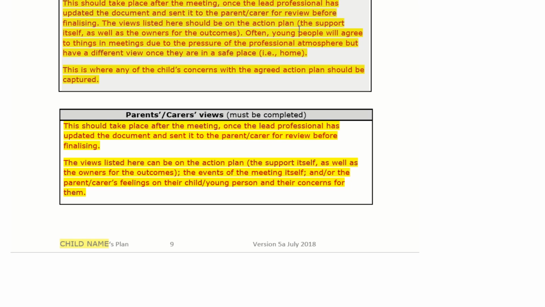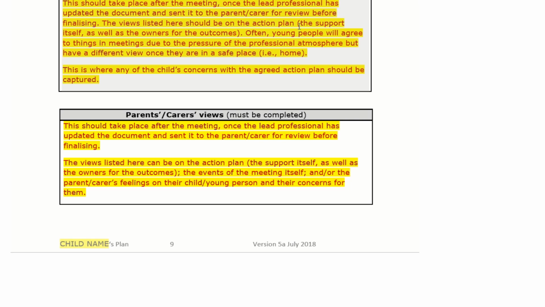So whether the child and the parent attended the child plan meeting or not, this should still be done after the child's plan meeting, because you've got time to process things. You're not caught in the headlights sitting there with the professionals deciding what actions are going to take place, and you find yourself agreeing to things and the child doesn't want to speak up because the adults in the room all seem to think this is a good thing, even though the child thinks they won't manage it.